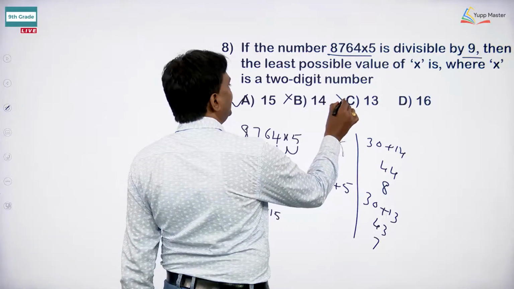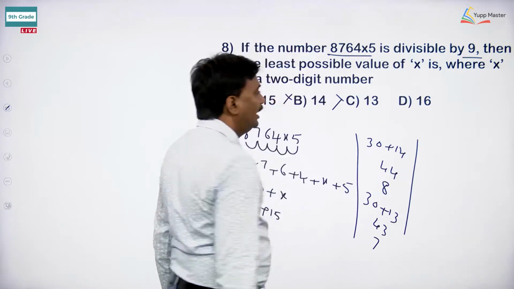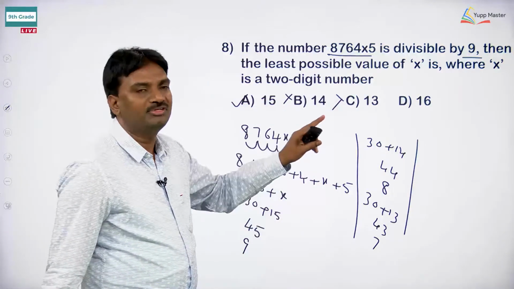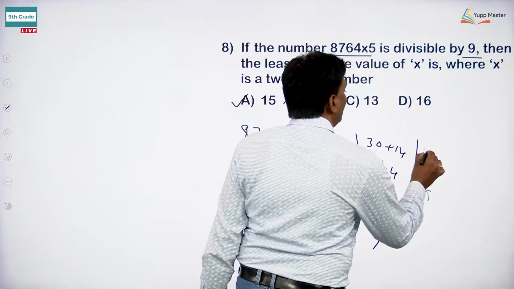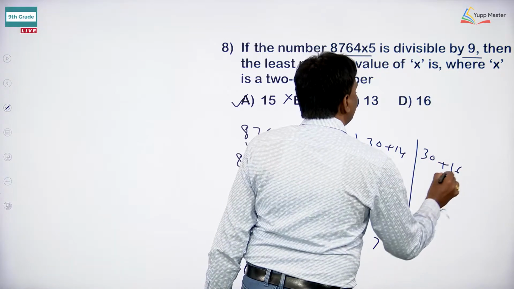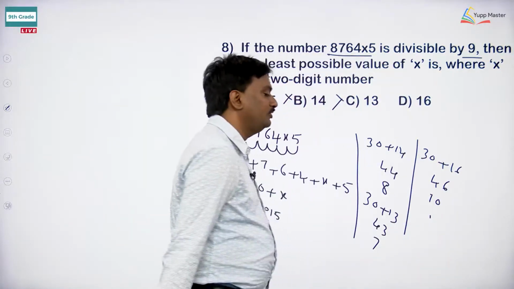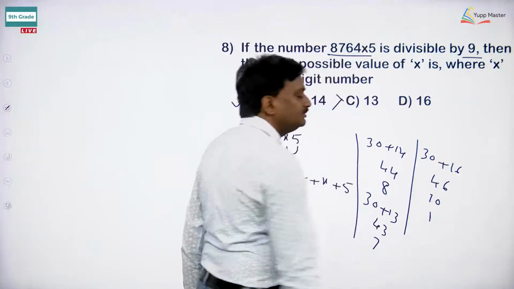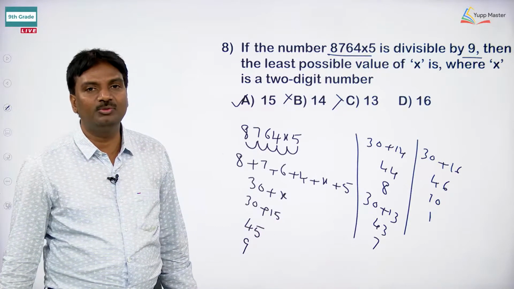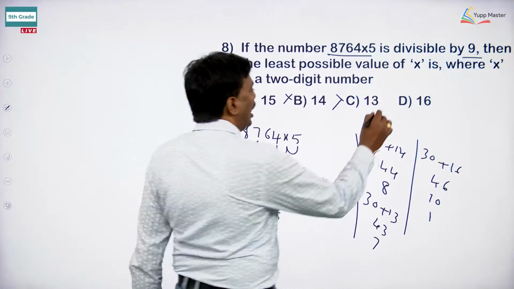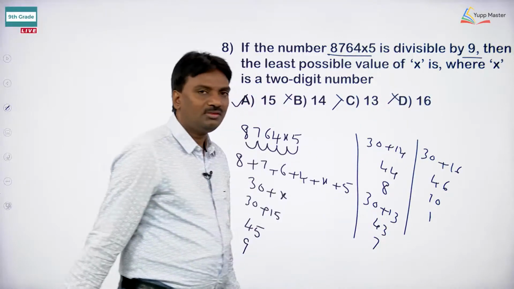So option C is also not correct. In option D, by writing 16, 30 plus 16 is 46, 4 plus 6 is 10, again 1 plus 0 is 1. But 1 is not divisible by 9. So option D is also not correct.